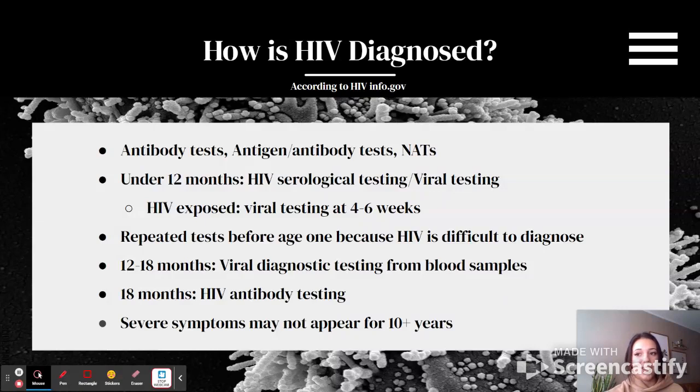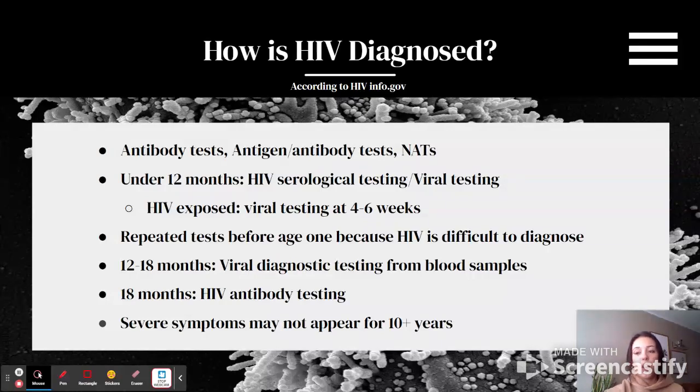This includes asking the mother about HIV testing, checking the child or mother's healthcare card, and offering a rapid antibody test to all children whose status is unknown. Viral testing can also be conducted within 4 to 6 weeks, and children at 6 months are able to start ART therapy, which we'll talk about in a little bit.